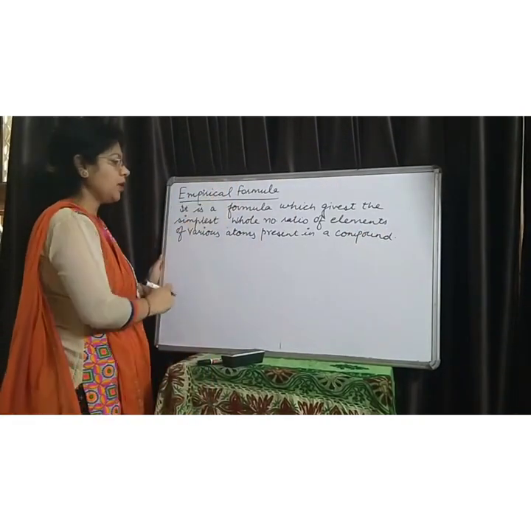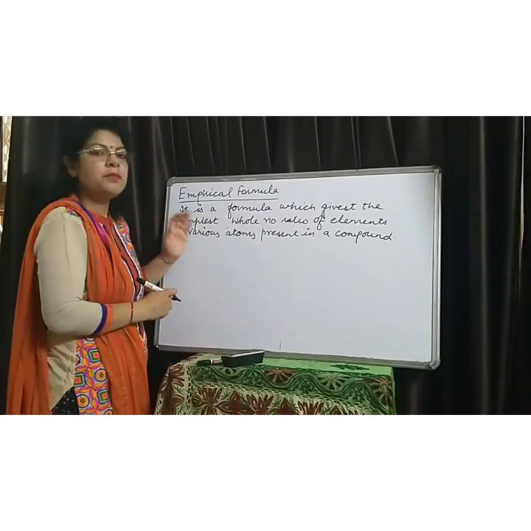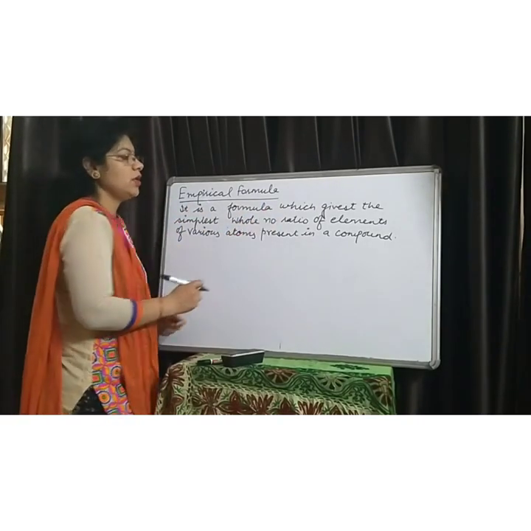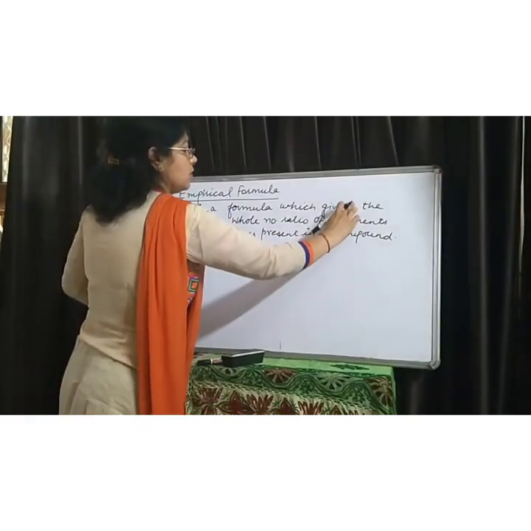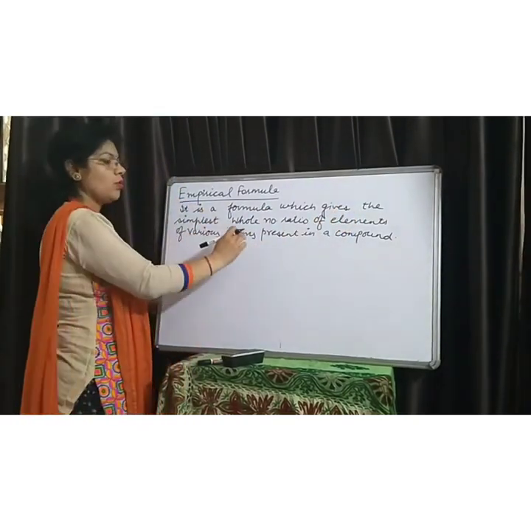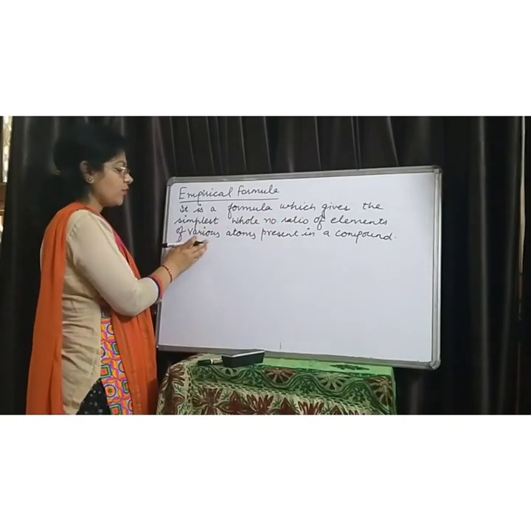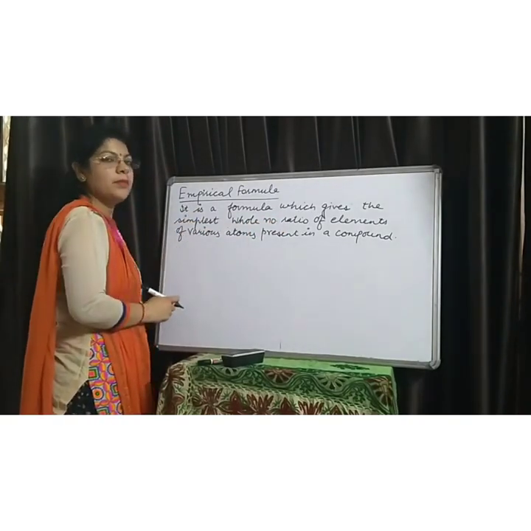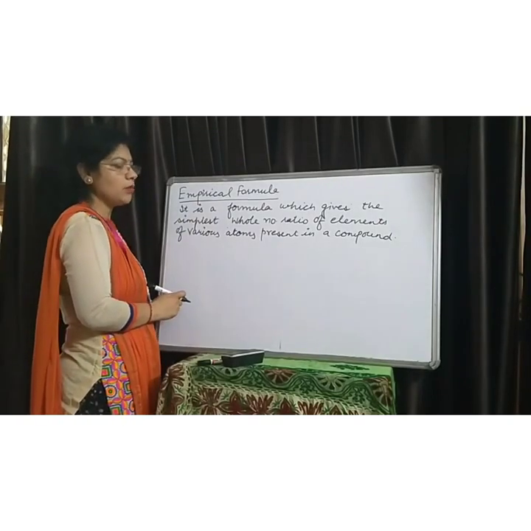What is the empirical formula? It is the simplest formula, or the simple form of the formula, which gives the simplest whole number ratio of the elements of the various atoms present in a compound.